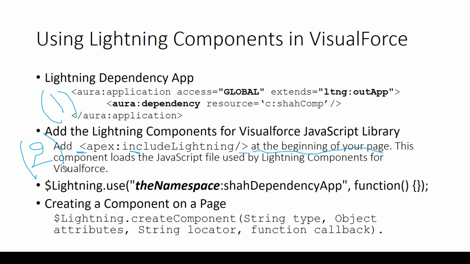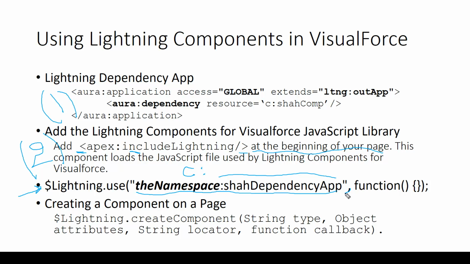Then let me have a function. So this is the $Lightning.use. Then the first argument is your dependency app. Right. The first argument is your dependency app: namespace colon something, c colon your dependency app, whatever you have defined.